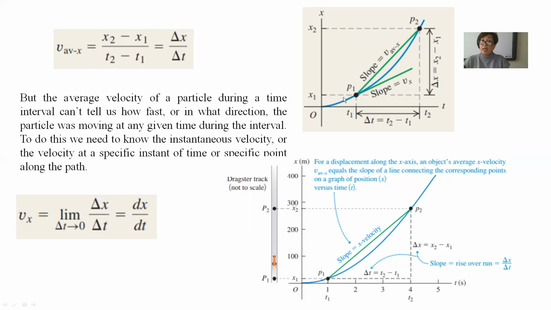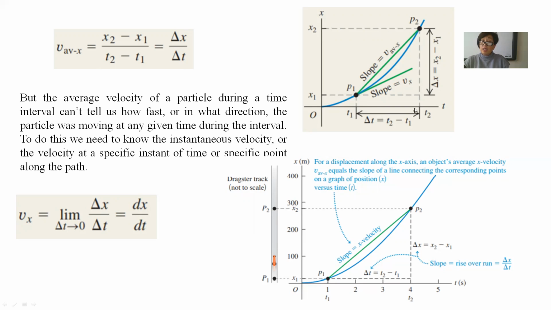The first position has the first coordinate x1 and the first time t1, and the final position P2 has the second coordinate x2 and the second time t2.